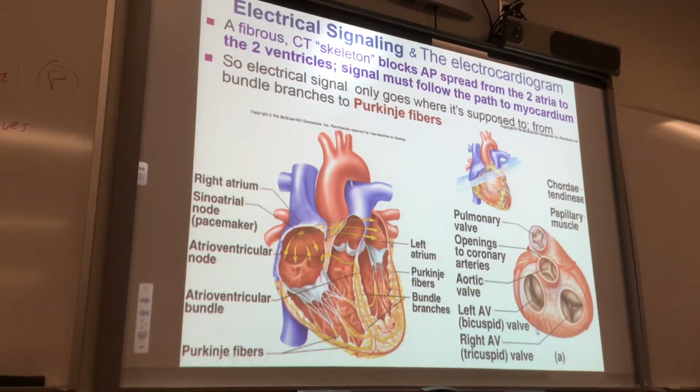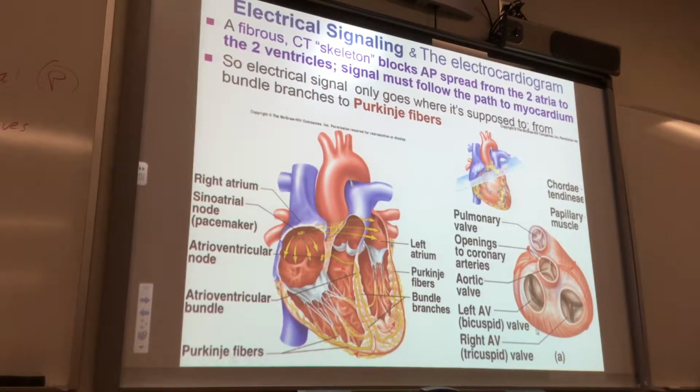If you are an atrial cardiocyte living here at the periphery of the atrium, and a ventricular cardiocyte really close to that atrial cardiocyte, you can't talk to each other. If I'm an atrial cardiocyte out here, yeah, I got a signal from the SA node, but I can't give you that signal through my gap junction to the ventricle cell because of that connective tissue skeleton.